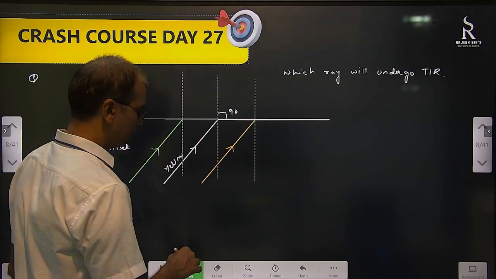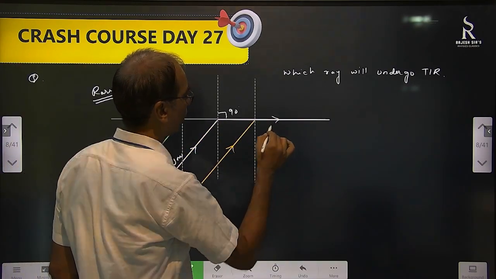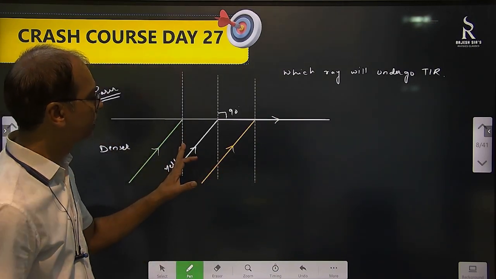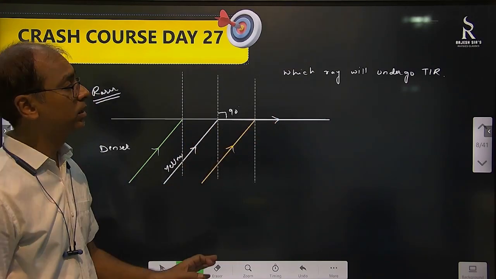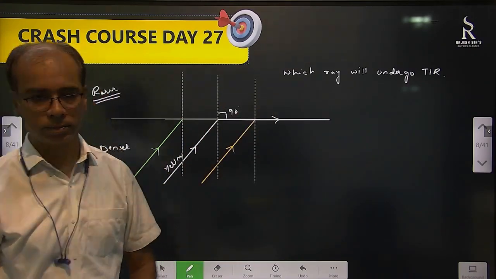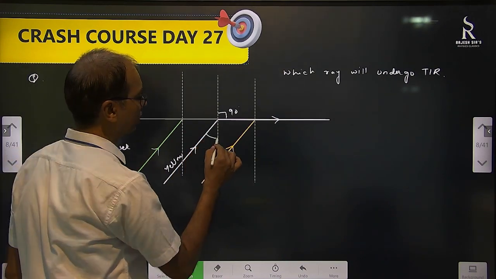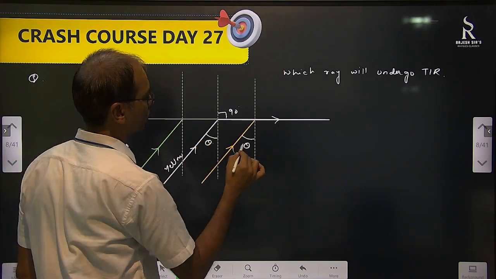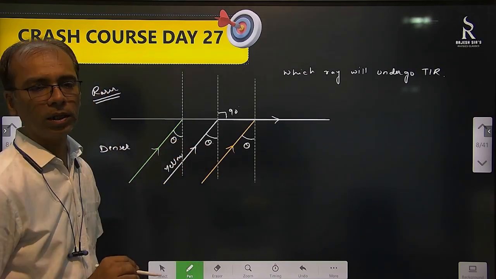That means the angle of this yellow one is the critical angle, and in fact all three are parallel only. The question is asking which ray will undergo TIR. Suppose this angle is theta, this is also theta, this is also theta.